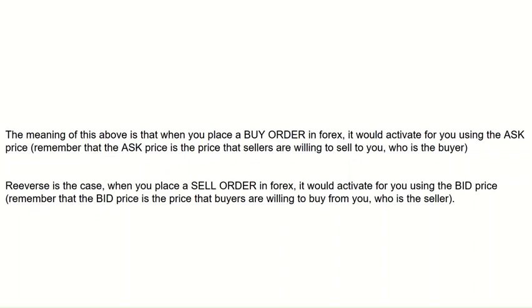Your broker will activate that order for you using the bid price because they are the buyer here and you are the seller. So your broker is the one buying now, and they will activate it for you using the bid price, which is the buying price. I hope you get the concept of bid and ask price now. If you don't understand it, you can always recap and rewatch this particular section for more understanding.